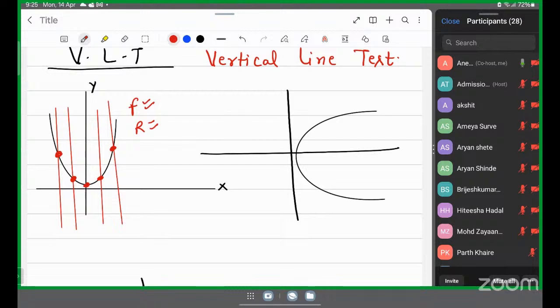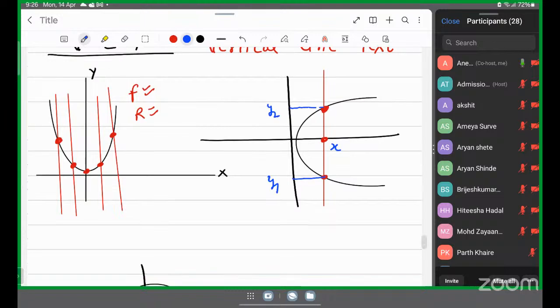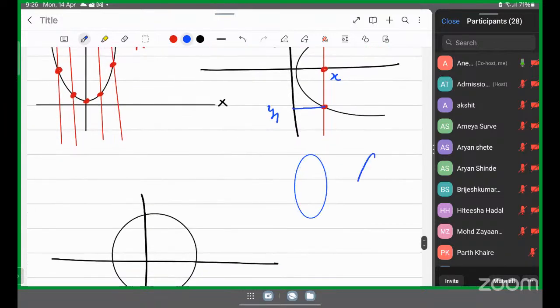In the second case, if you draw a vertical line, you will notice that it will cut the curve at 2 points, which implies that for input x, we have two possible outputs, y1 and y2. If you go by the arrow diagram, here we have x and here we have y1 and y2, and one single element of the domain is related to two elements in the codomain, or a single element in the domain has two images, which is not the condition for a function.